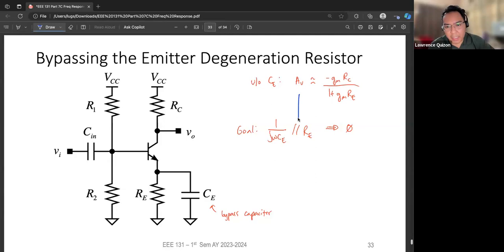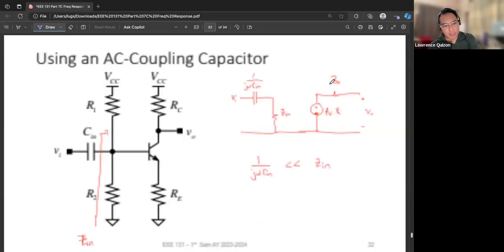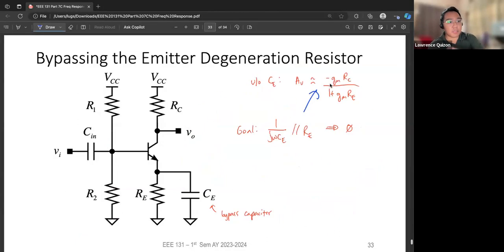All right. So if you add a bypass capacitor to the emitter degeneration, no? Di ba ito yung gain nung basically mid-band gain, no? I'm not going to call it low frequency gain anymore because it could be the mid-band from the existence of Cn. So this is the mid-band gain, the gain of interest, the gain that you actually want.